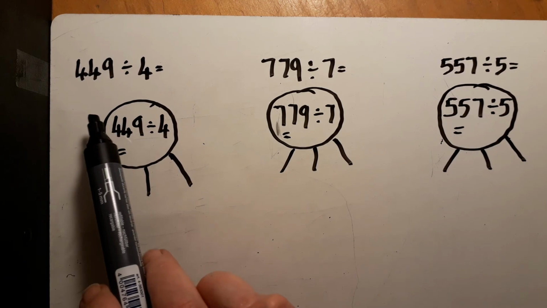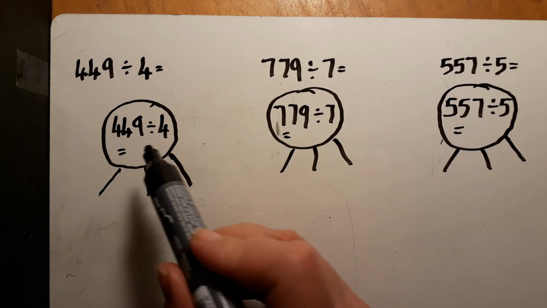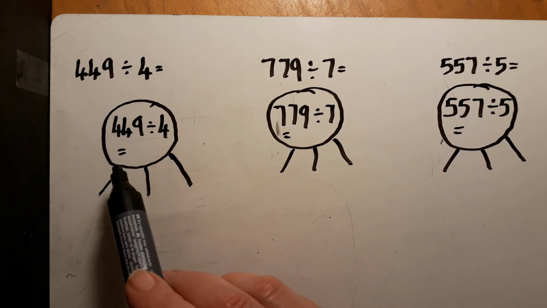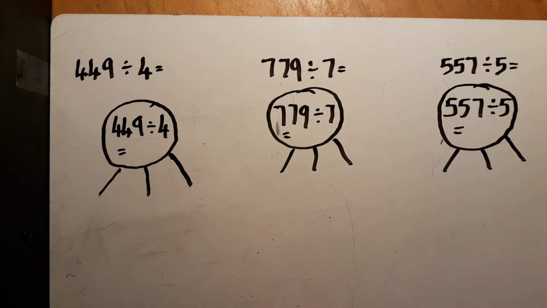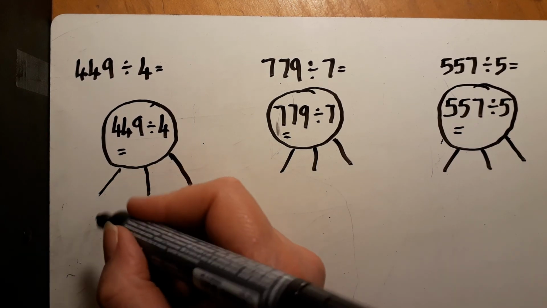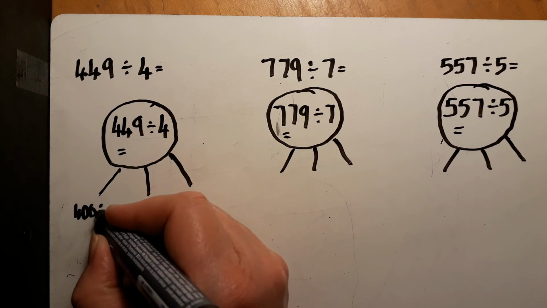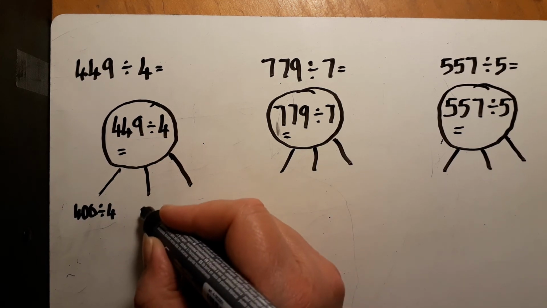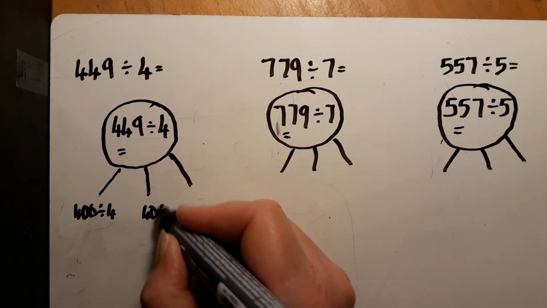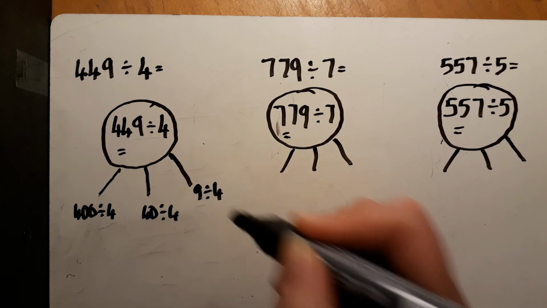I've written out the 3 number sentences from the question, and we're going to partition each number sentence into hundreds, tens and ones. Sometimes we won't necessarily do it into hundreds, tens and ones, but for developing we are. So 400 divided by 4, and then 40 divided by 4, and 9 divided by 4.